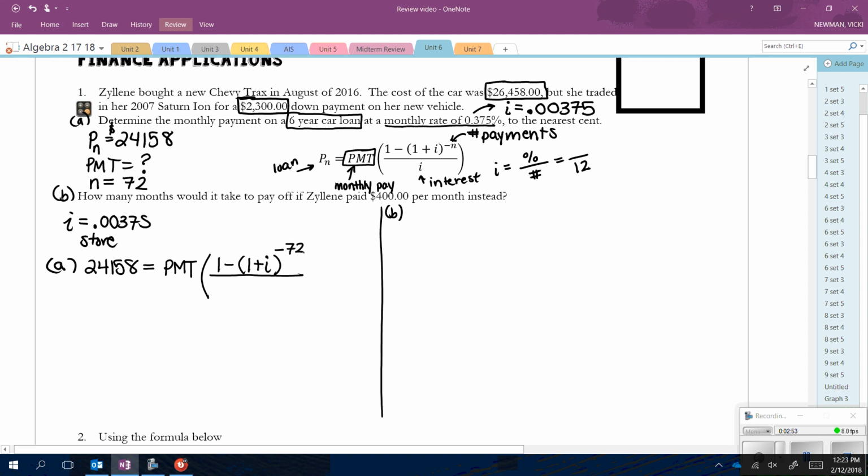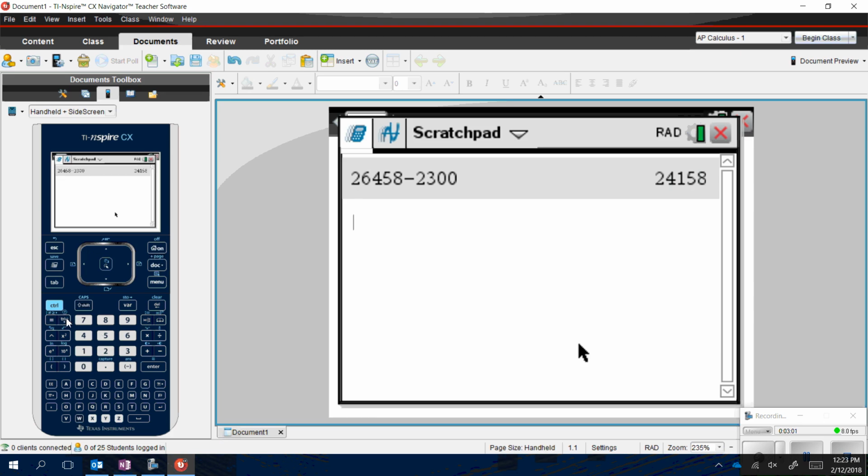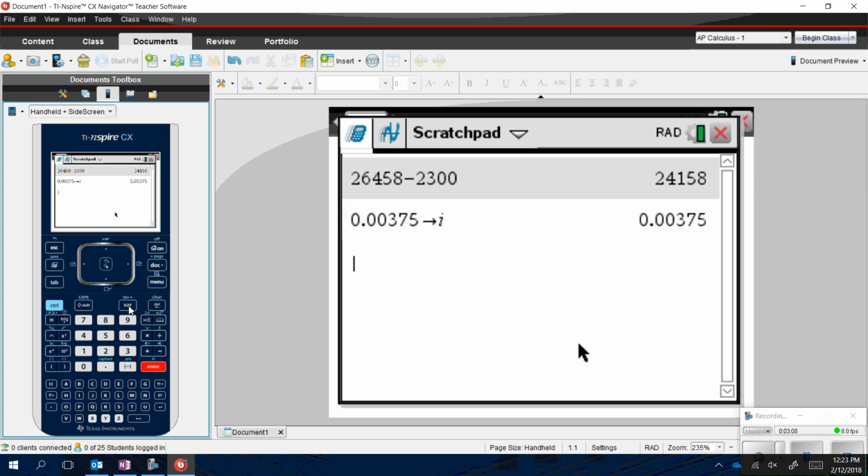Negative 72 is the number of payments or number of months over I. So I'm going to store the I. So 0.00375. Store it for I. And now I'm going to do 1 minus 1 plus I to the negative 72 over I.